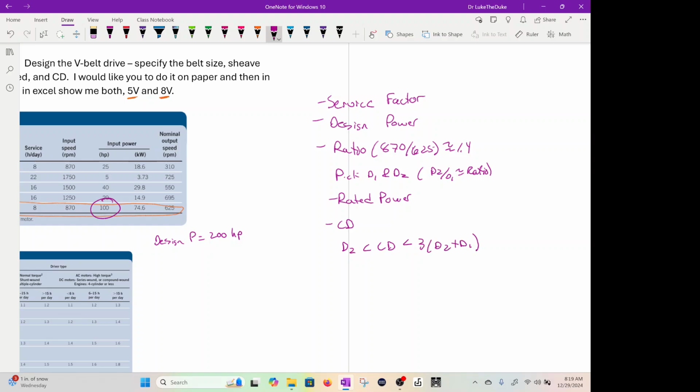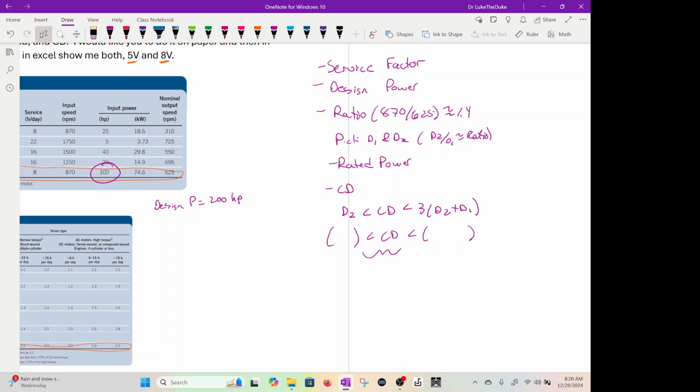So if you know your D2, you can find the center distance, and this would be a number based on your values that's in between these, and that's the number that you like. There's going to be a range, you just pick one, and that will satisfy it, so the sheaves don't touch, or it's not way too long. Then you pick your CD based on that equation.